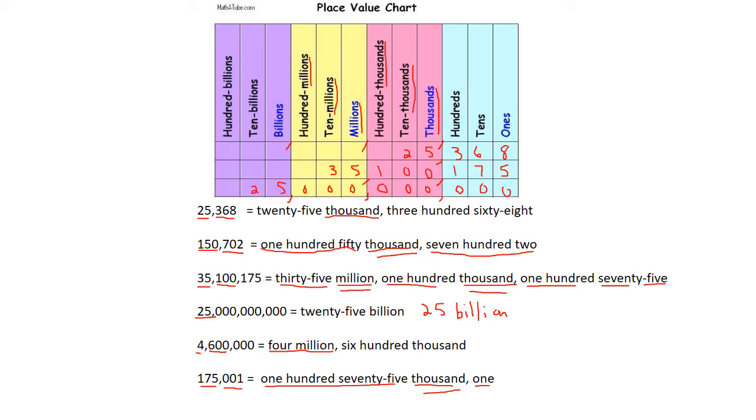Again, place value becomes very important, and when we use very large numbers, notice that those commas go in every 3: ones, tens, hundreds, comma. We then have our 1,000, 10,000, 100,000, comma, and then 1 million, 10 million, 100 million, comma, and then we have our billions, 1 billion, 10 billion, 100 billion, comma.